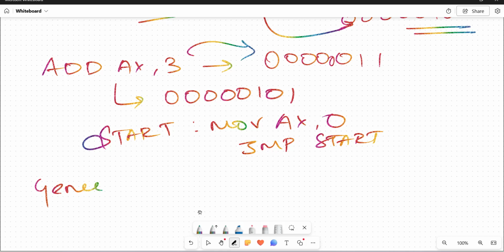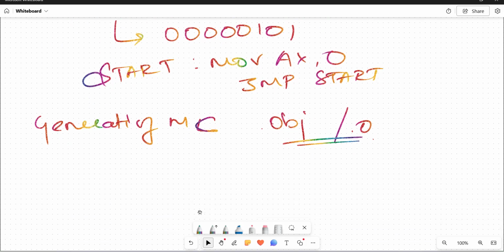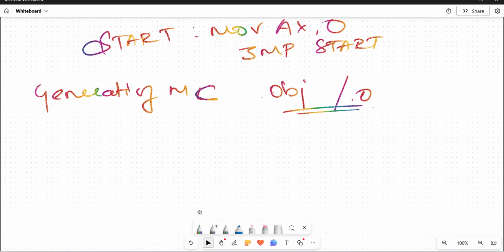Machine code. The assembler writes the binary equivalents of all the instructions and data into an object file, either .obj or .o, again depending upon the OS and the processor that we are using. In machine code, for example 16-bit x86, this becomes something like B8, 05 and 00.